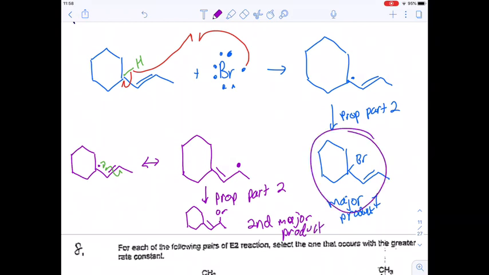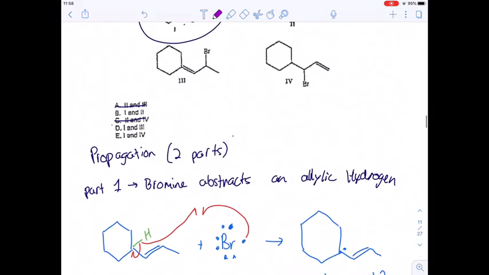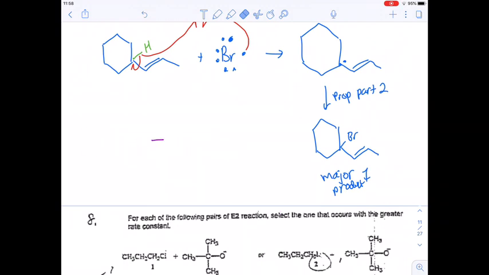And this is your second major product for this question. Normally they only ask you for the major product, and that's going to be this one. But every time you do these, if there's resonance possible, there's going to be 2 major products technically, because you have to resonate it.